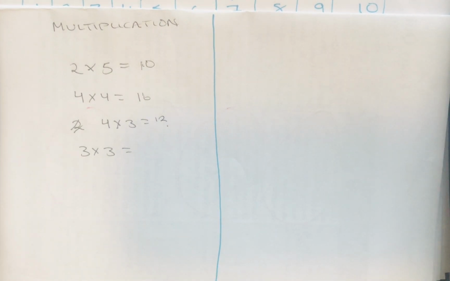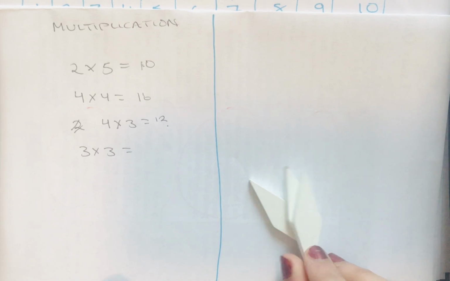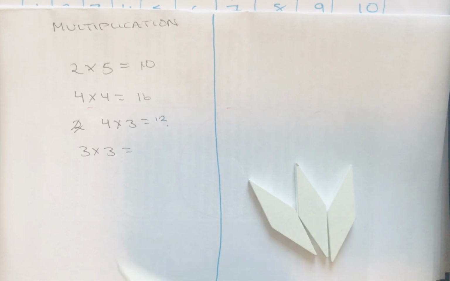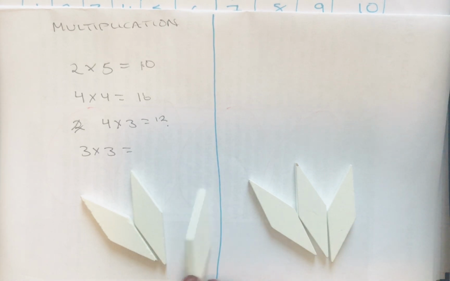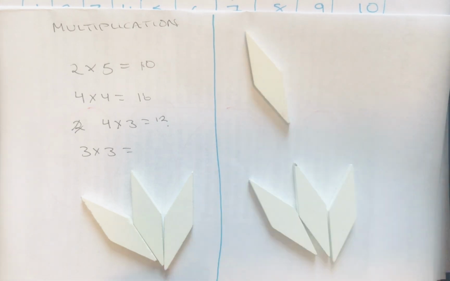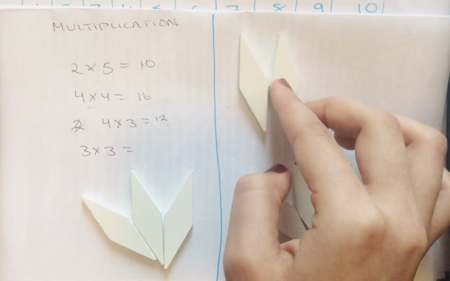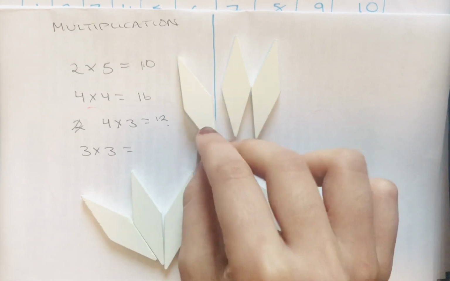Our next example is 3 multiplied by 3. That means you take 3 groups of 3 items and you put them together. So 1, 2, and 3, and then again 1, 2, and 3, and then again 1, 2, and 3.